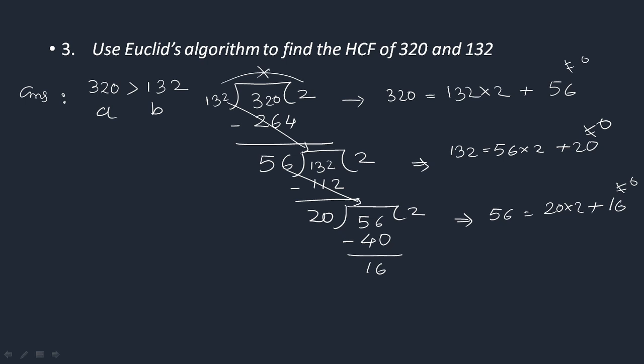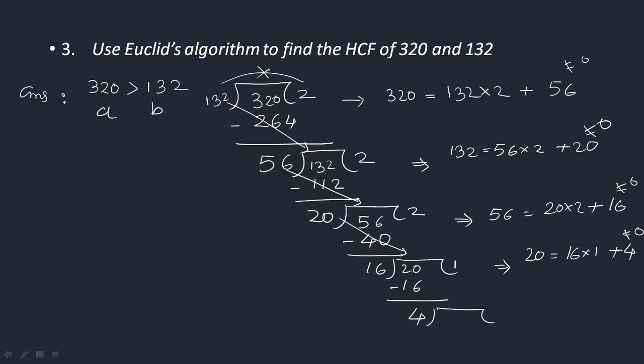So we will again divide 20 by 16. So we have 1 time, 16 into 1 is 16. When 16 is subtracted from 20, we get 4 as the remainder. So we can write 20 is equal to 16 into 1 plus 4, where 4 is not equal to 0.